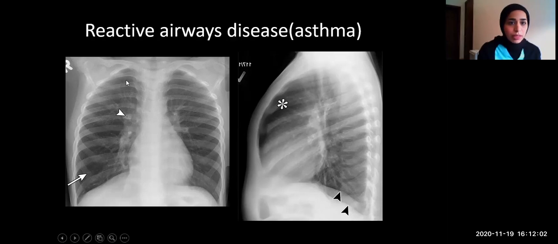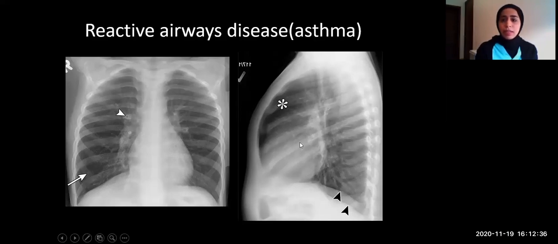Most practitioners forget to count the first rib. So this is first, second, third, fourth, fifth, sixth, and seventh. So more than 6 is considered a hyperinflated lung. There is a slight increased lucency of both lungs. They are hyperinflated, evident by more than 6 ribs anteriorly. In addition, you can see that there is a slight flattening of the hemidiaphragm.